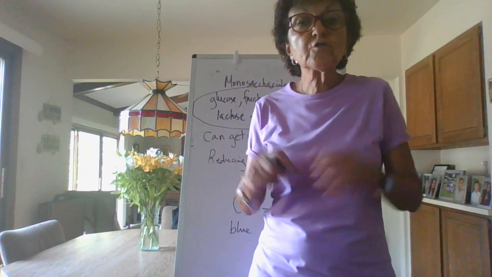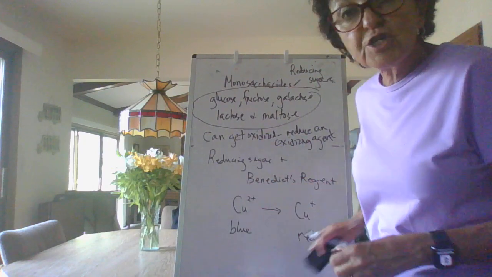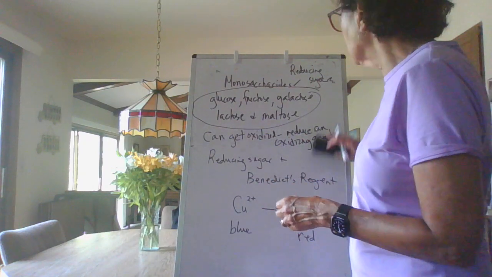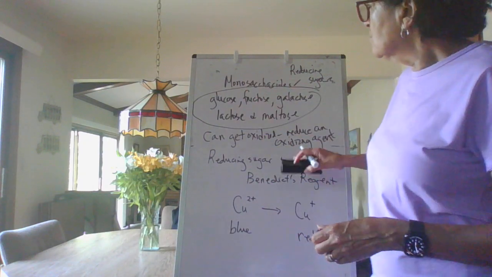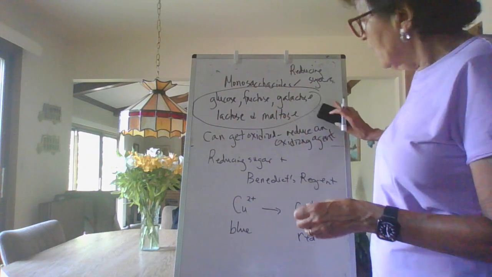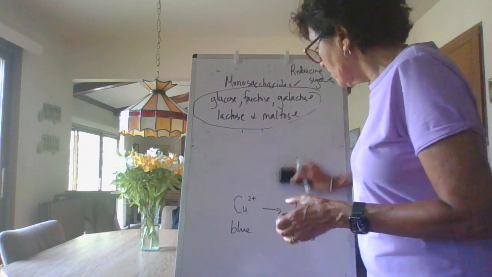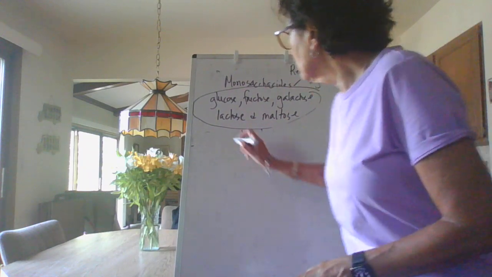Which ones are considered non-reducing sugars that will not change the color of Benedict's? Everything else. So glucose, fructose, galactose, lactose, and maltose are reducing. I'm going to erase this, guys, and write down which ones are the non-reducing.